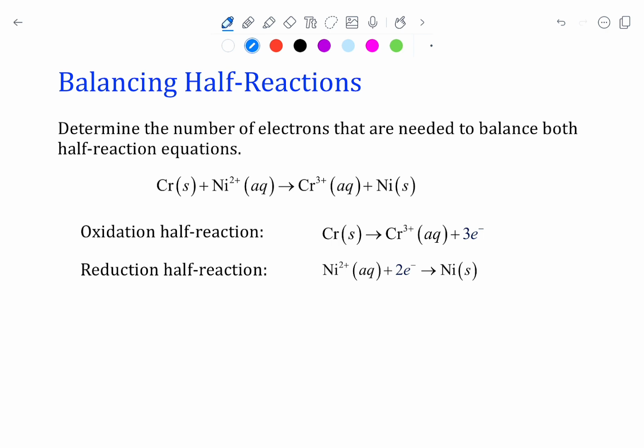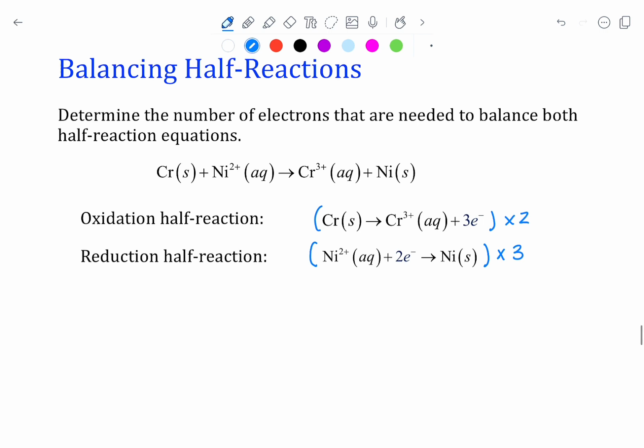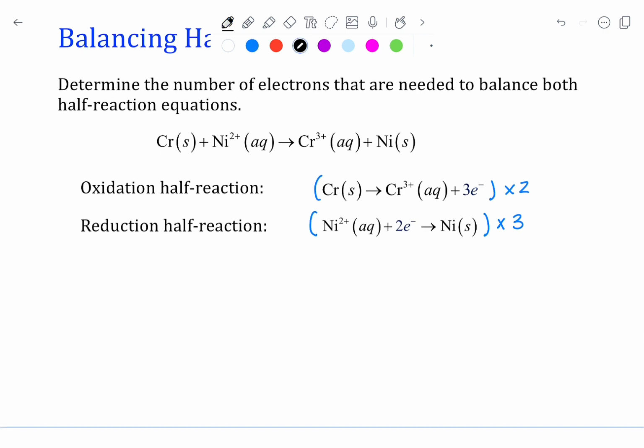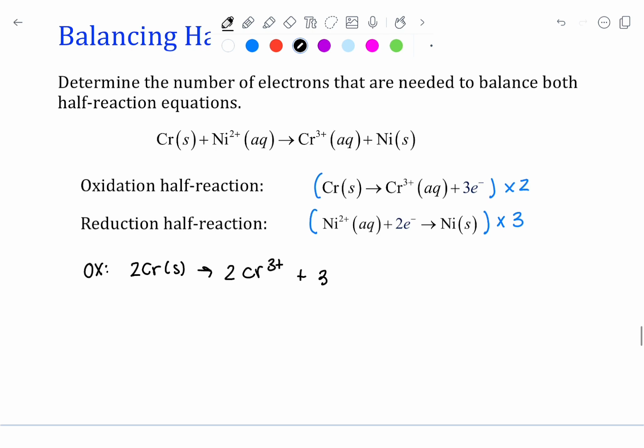We would need to balance this out by multiplying our top equation by 2 and our bottom equation by 3. As I said, you don't need to multiply them by the same number. You just need to multiply them by a number so that your electrons will balance. By doing that multiplication, our oxidation half reaction becomes 2 chromium goes to 2 chromium 3 plus plus 6 electrons.